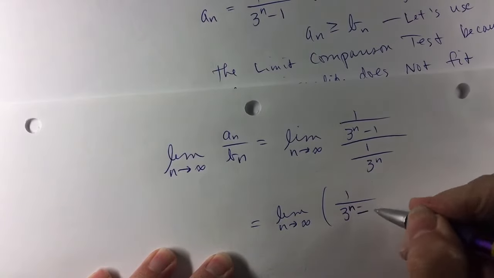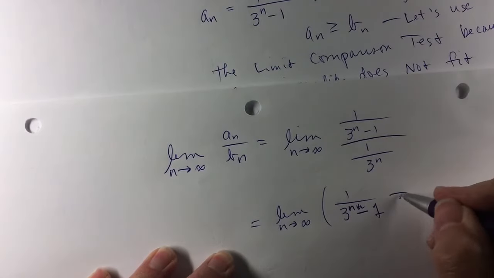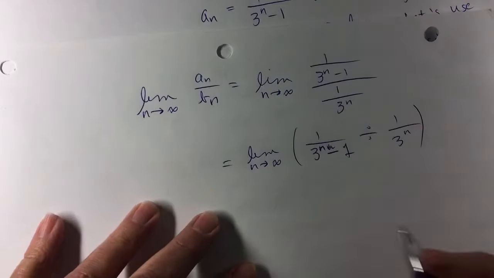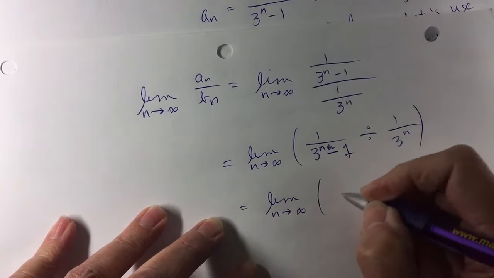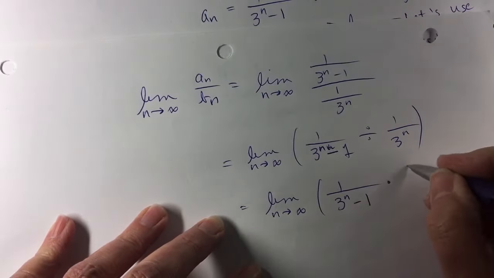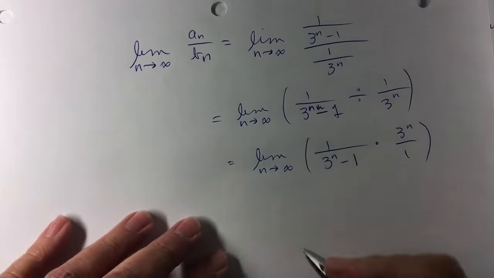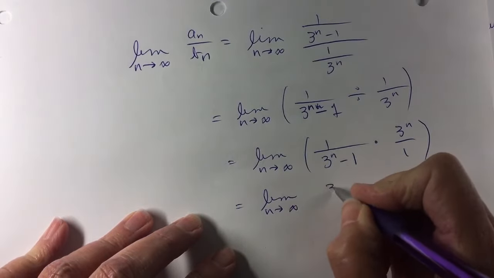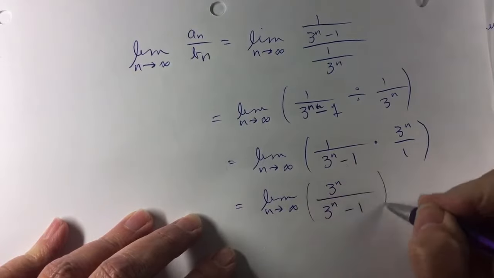Oh, and that should be a regular minus 1, divided by 1 over 3 to the n. So to divide fractions, take the second one, flip it over. So that's 1 over 3 to the n minus 1 times 3 to the n over 1. So this reduces, that's the limit as n approaches infinity of 3 to the n over 3 to the n minus 1.